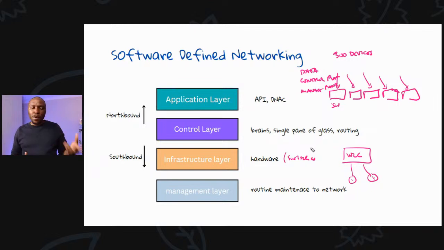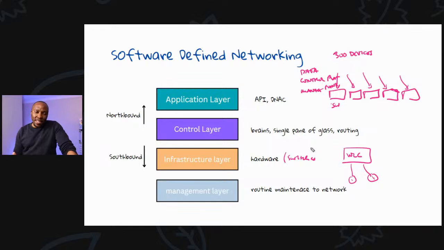So whenever you hear about software-defined networking, the whole objective is basically abstracting or decoupling all this to a more software model, which then makes it easier for you to control or configure the network devices all in one go.